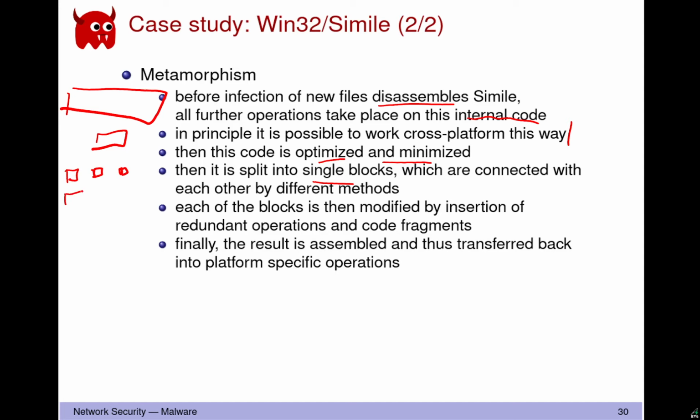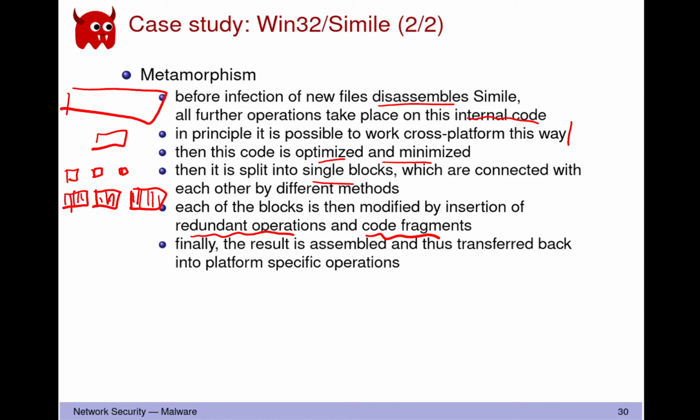Then you expand all of these parts with unnecessary junk, redundant operations, and code fragments. So basically, you introduce new parts that break the code itself. If you're, for example, testing for some specific signatures, then it might be more probable that this signature is cut in half by the introduction of some redundant operations.